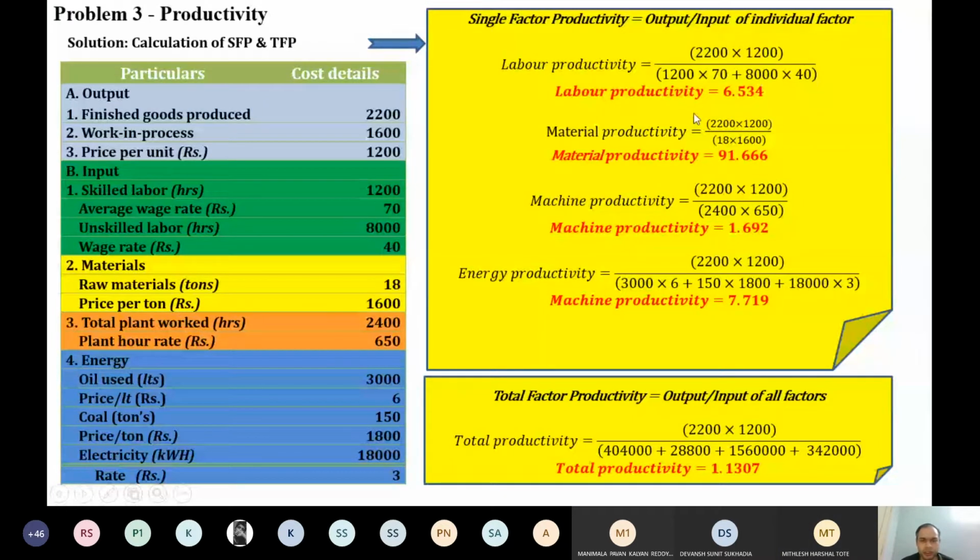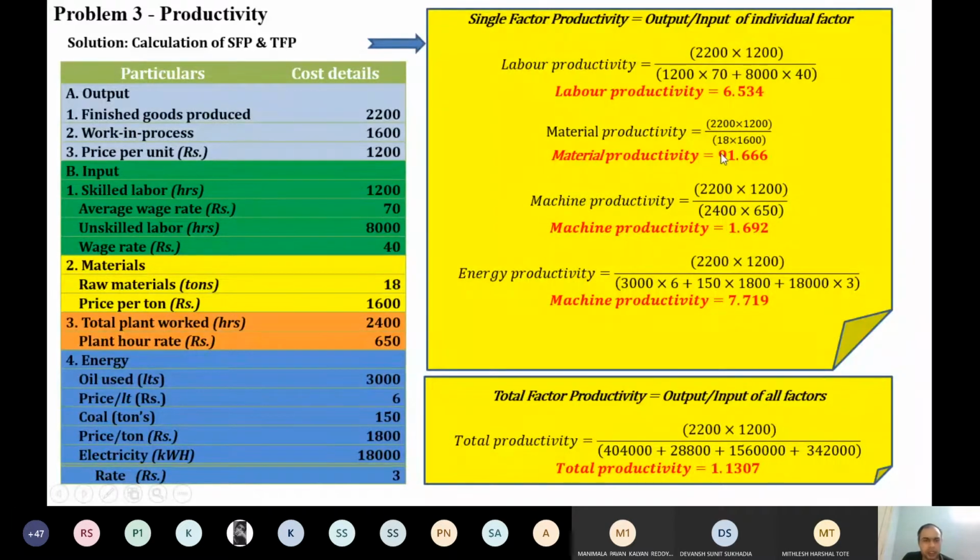The next case we are going to look into is called material productivity. Here it's very simple. Again the same output, that is 1200 into 2200, divided by the cost of material. They have used 18 tons, and the cost of 1 ton is 1600. So for 18 tons, I'm getting the material productivity as 91.666. You can check this calculation. And the machine productivity is the output divided by 2400 into 650. 650 is how much they have paid per hour.